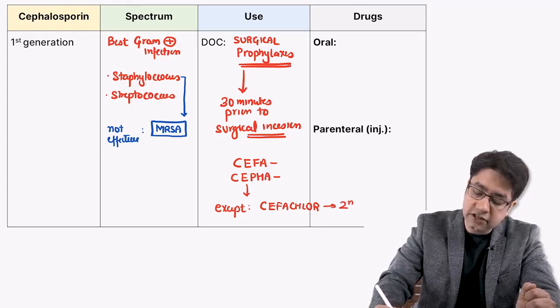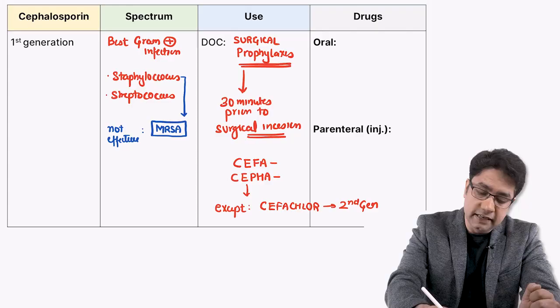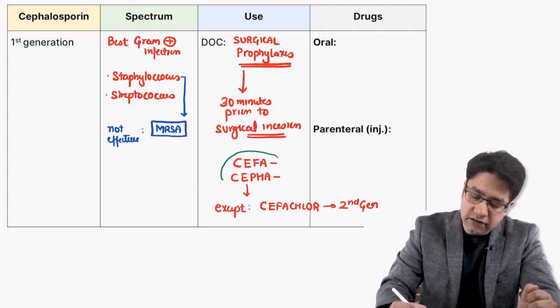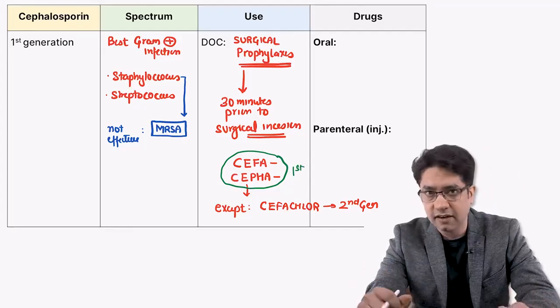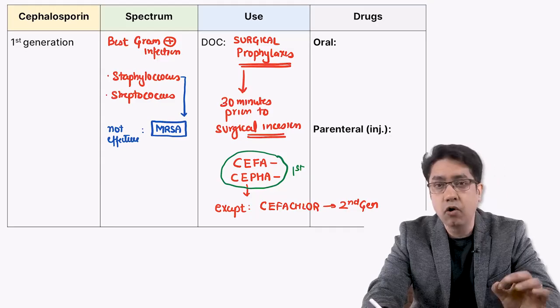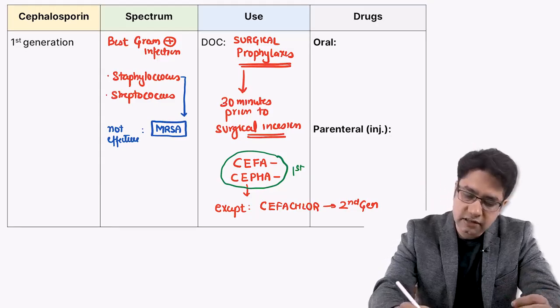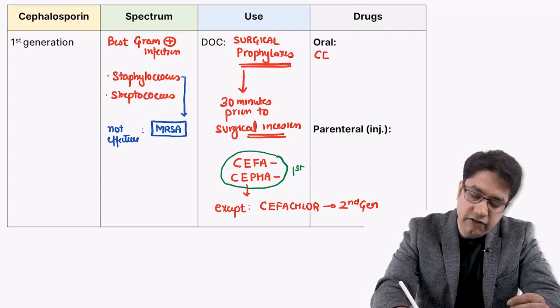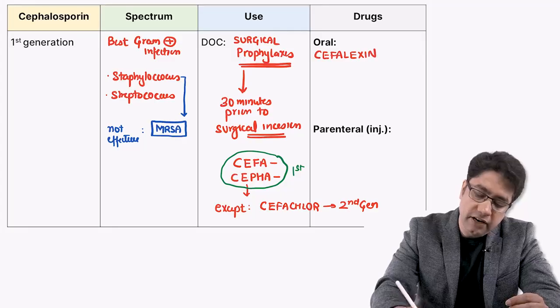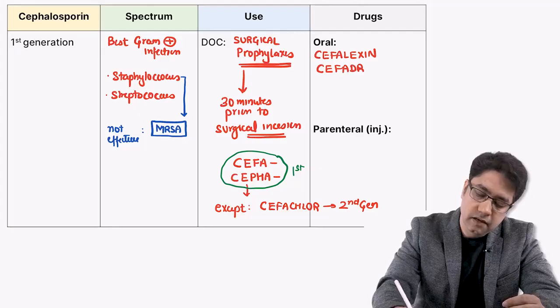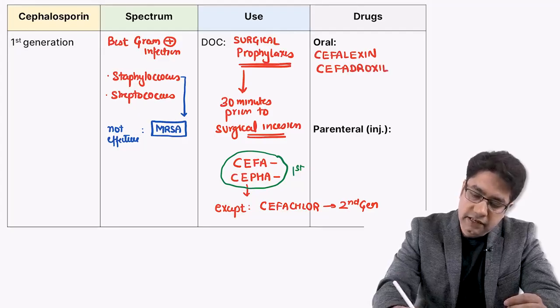Cefaclor is a second generation cephalosporin. Any other cephalosporin with the cepha word will be first generation. So let's see what drugs we have. Among oral first generation cephalosporins, we can write cefalexin, cefadroxil, and cefaloridine.